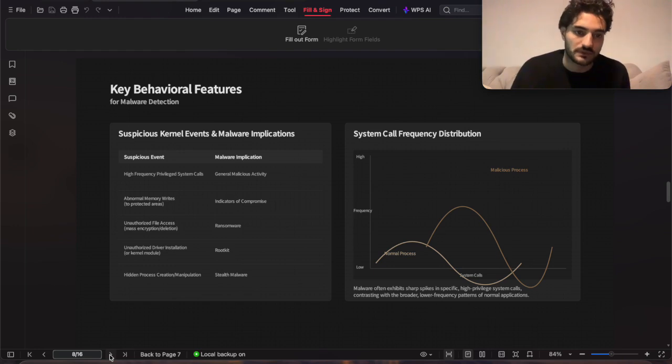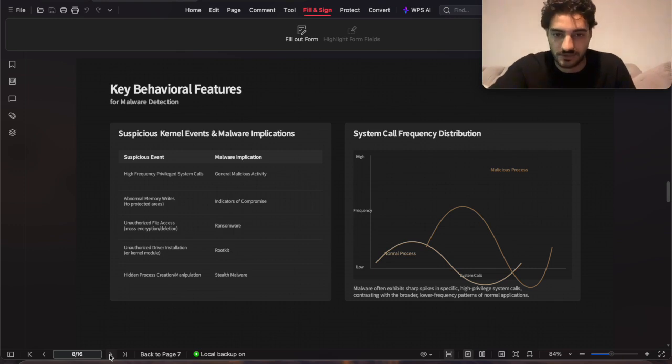Suspicious events and their malware implications: high-frequency privileged system calls indicate general malicious activity; abnormal memory writes indicate indicators of compromise; unauthorized file access indicates mass encryption or ransomware; driver installation or kernel module loading is called a rootkit; hidden process creation and manipulation means stealth malware, as we can also see in the second chart, from low to high. It's like waves going from up to down.